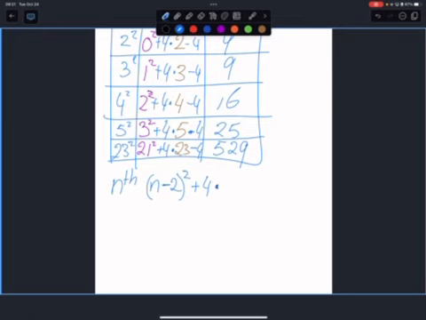N. Multiply by n, and when you're finished, you subtract 4. That is the nth term.